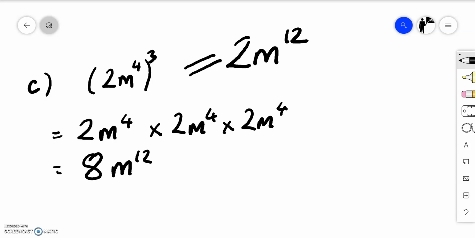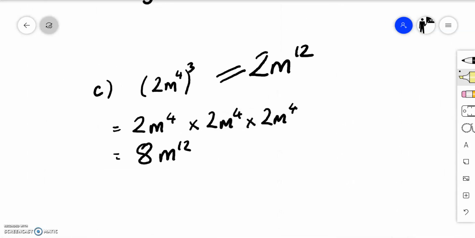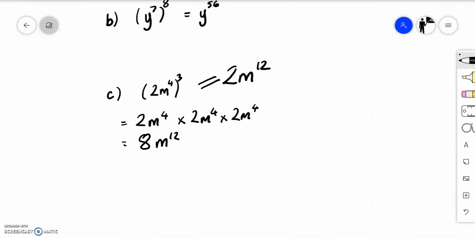Okay, we need to remember that this power of 3 is applying to everything inside our bracket. Okay, so if we were to write this a bit differently, I'll try and get back to that in a wee moment.